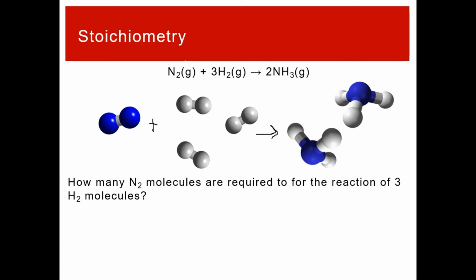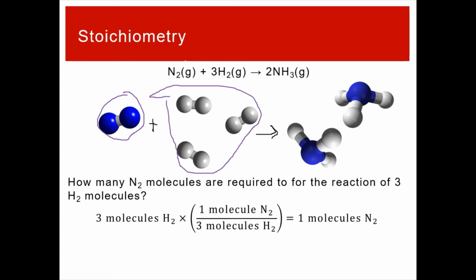So how many N2 molecules are required for the reaction of 3 H2 molecules? Well, if we just visually inspect this, we can count 3 H2s, and that's going to react with the 1 N2. So we would expect 1.